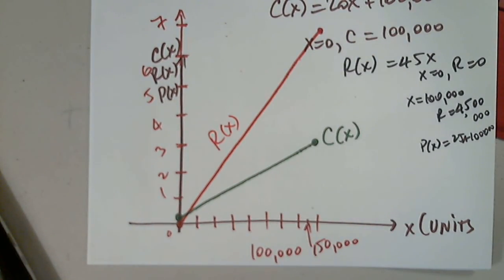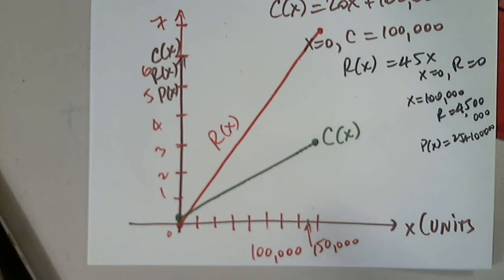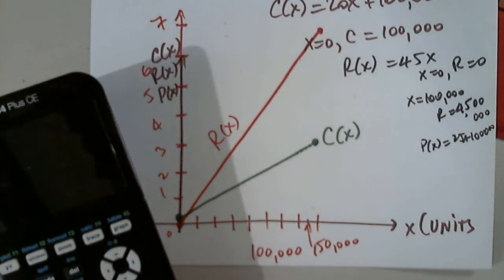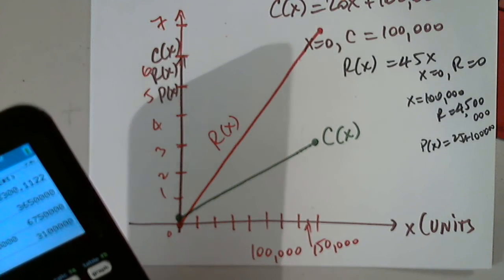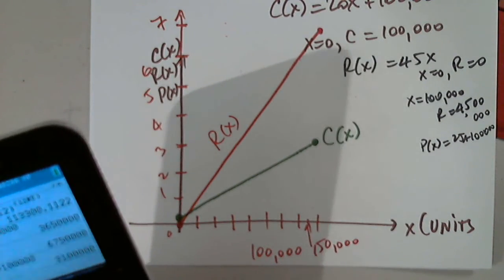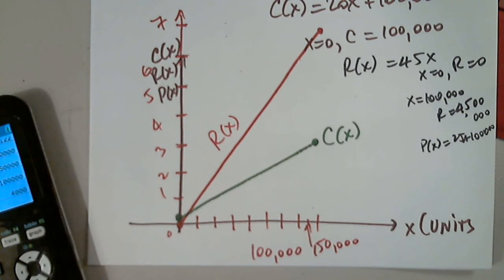Okay, last one. We want the profit. I'm going to use blue for the profit. So the profit when x is 0, there is no point. Let's see, when the profit is 0, 100,000 divided by 25 is 4,000.